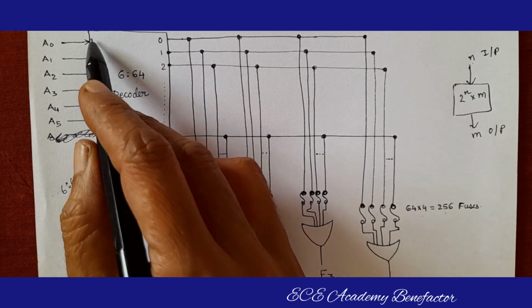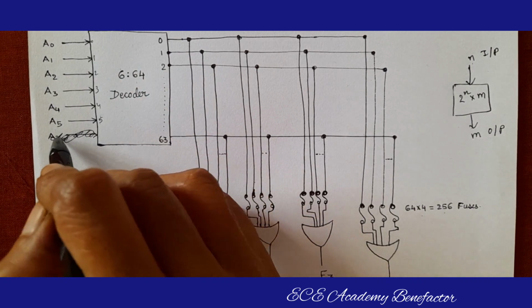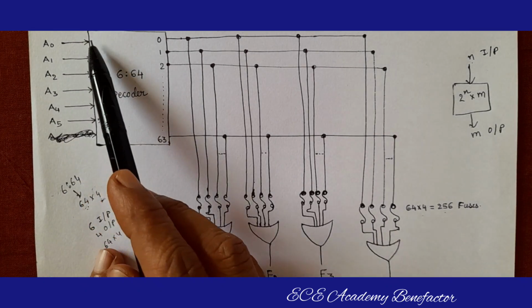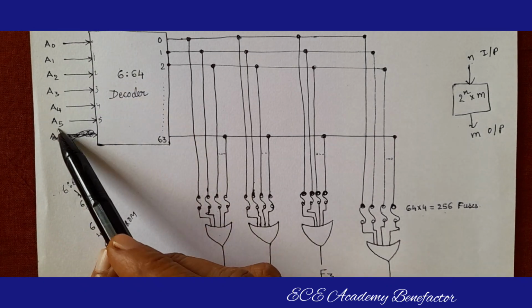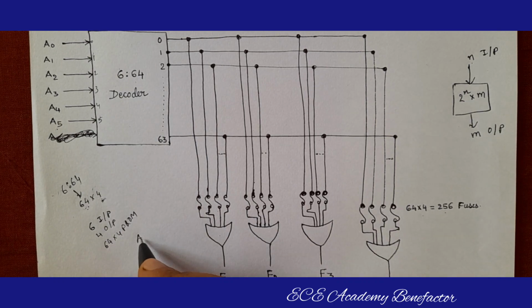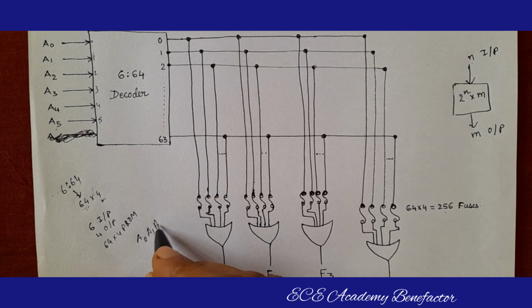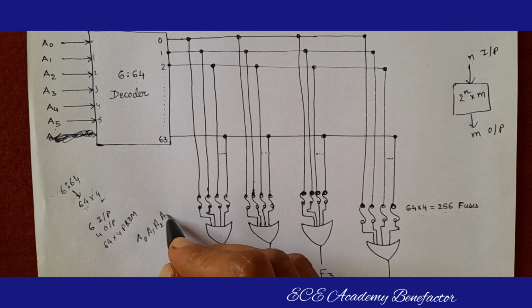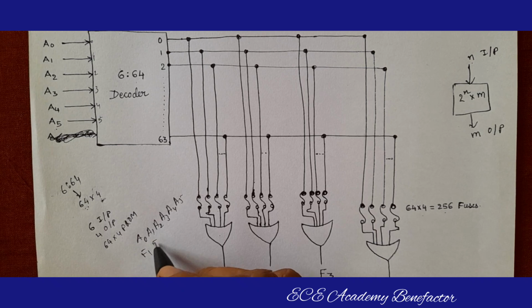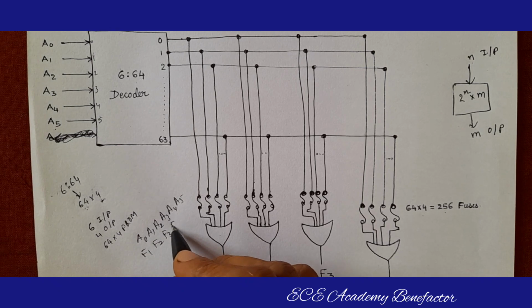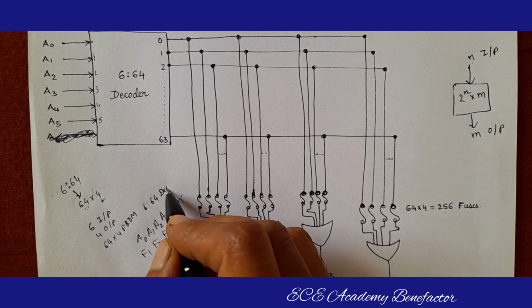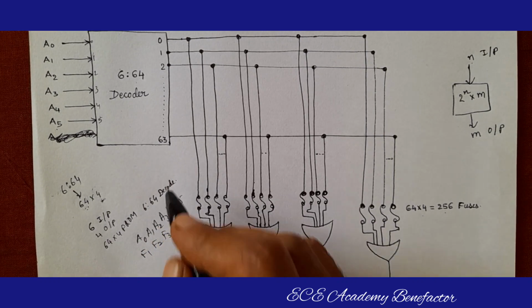So, 0 to 5 means 6 input lines. So, this A6 is not there, sorry for it. So, we need 6 input lines A0 to A5 and 4 output lines F1, F2, F3, F4, and we need a 6:64 decoder.